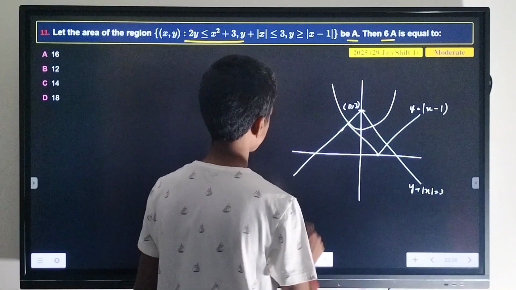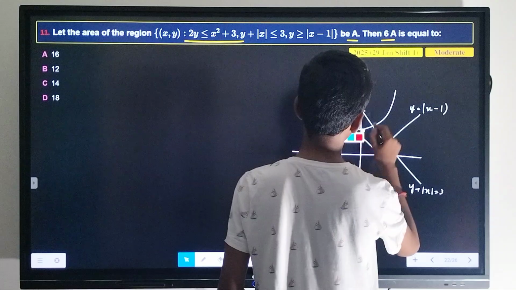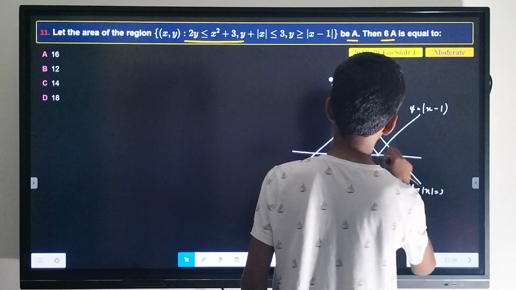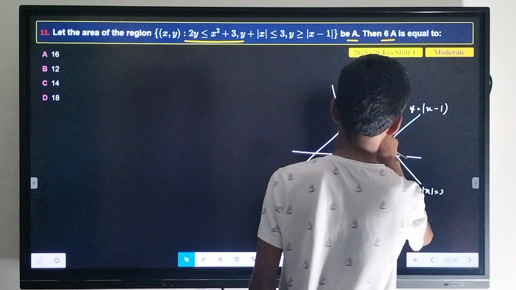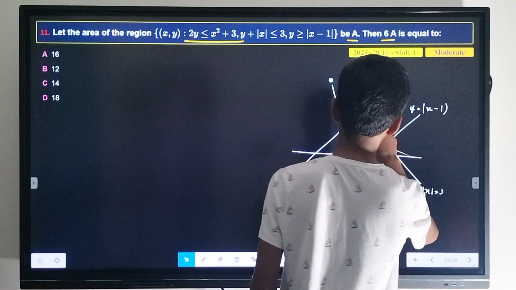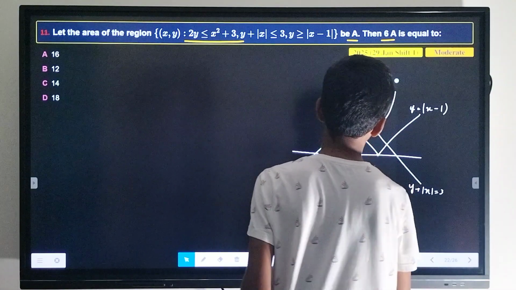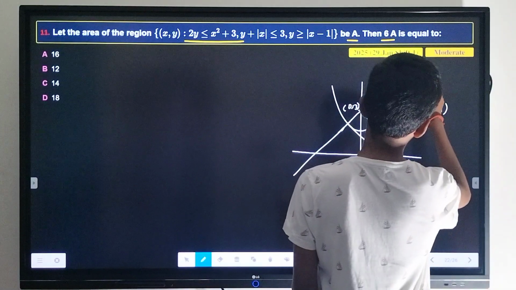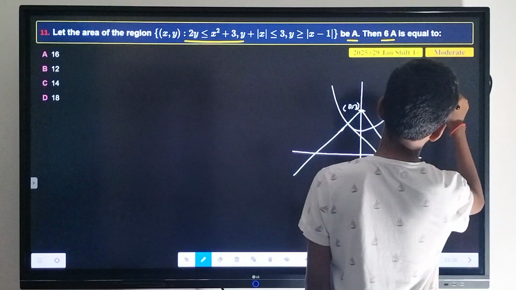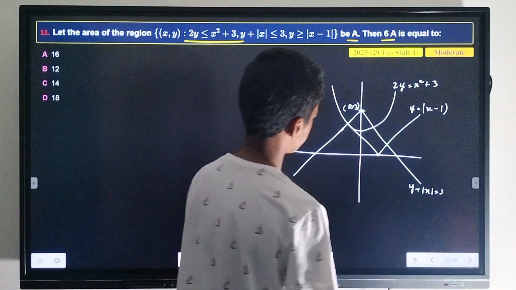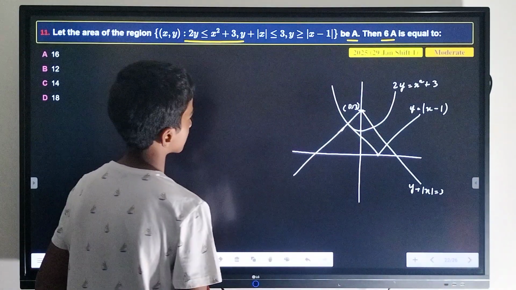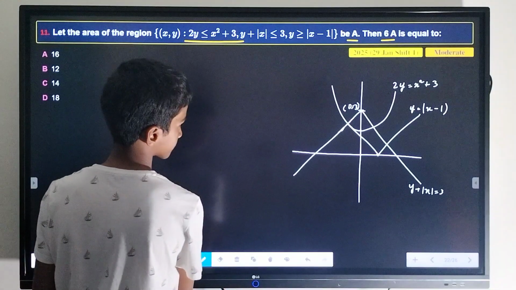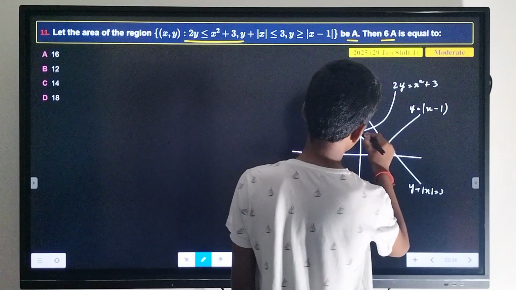So from here this is our equation 2y is equal to x square plus 3. Now our area of these three curves, our required region is this area.